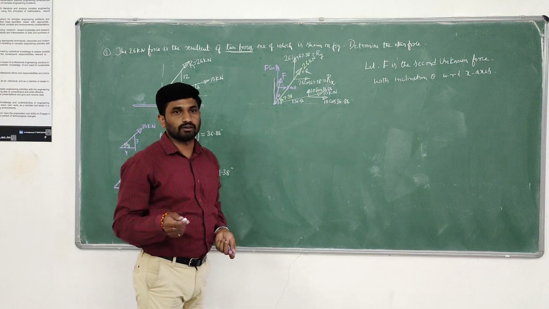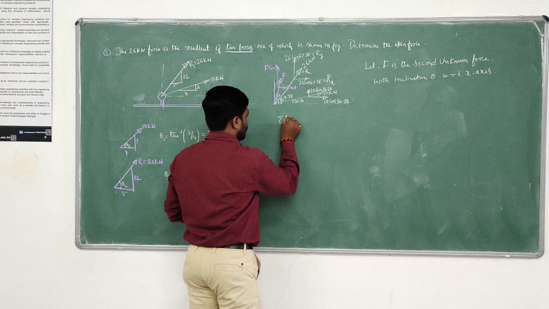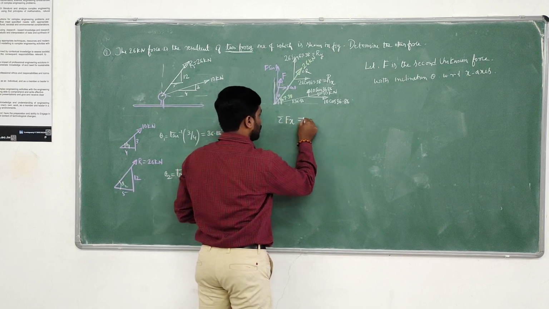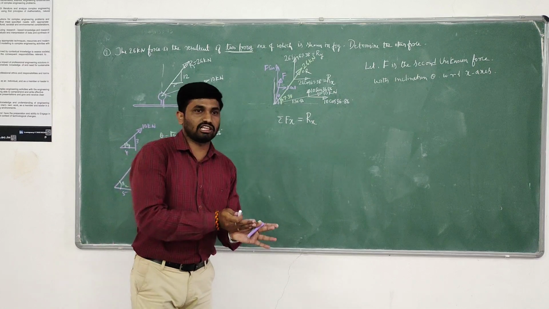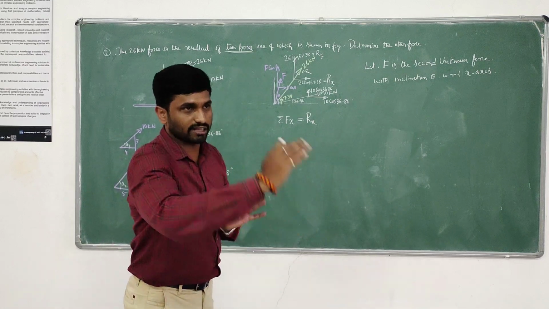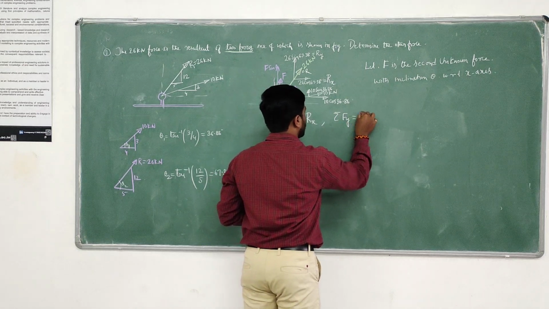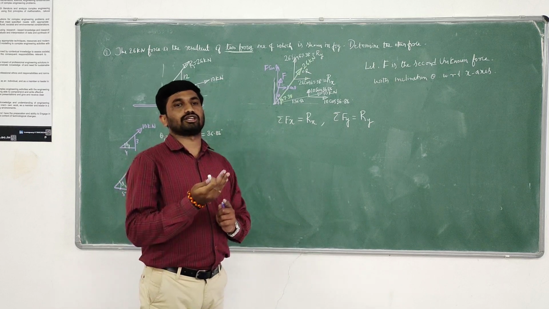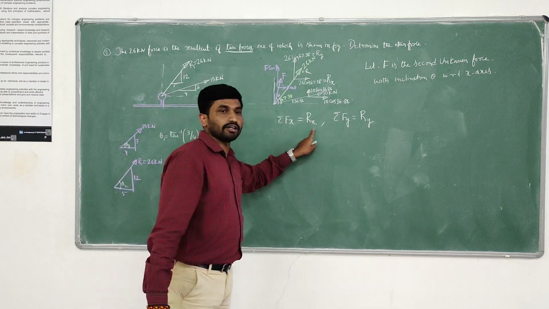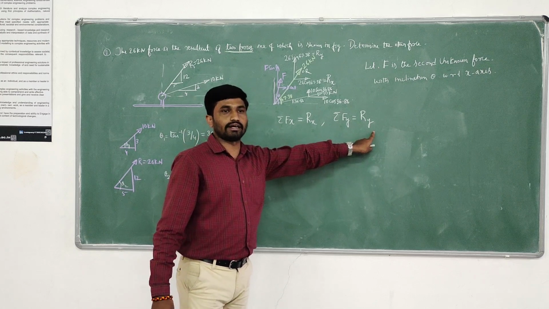What is the concept? Sigma Fx equals Rx. What is meant by sigma Fx? Sigma Fx is nothing but the resultant in x direction. And sigma Fy is the resultant in y direction.